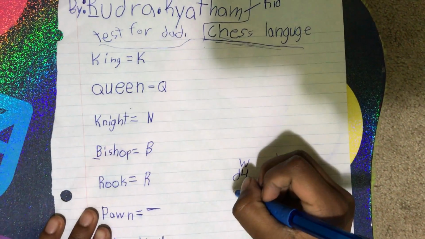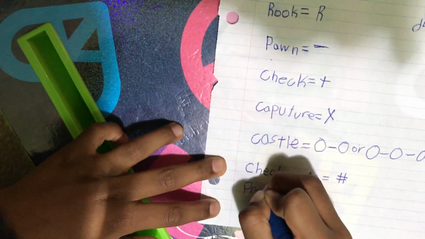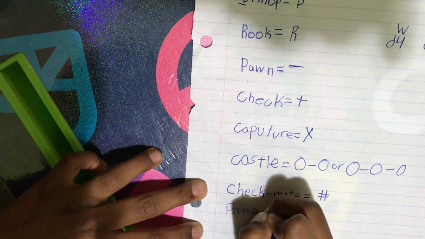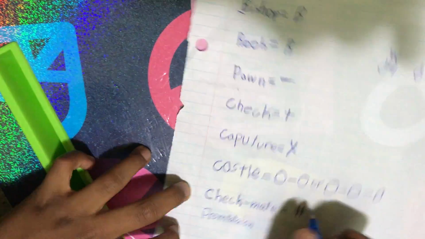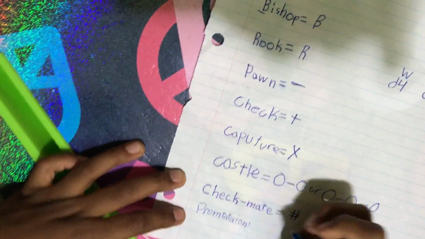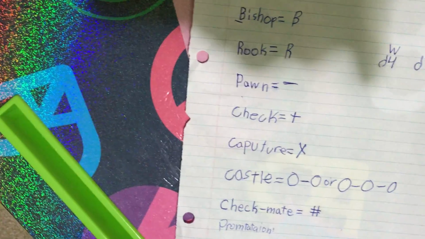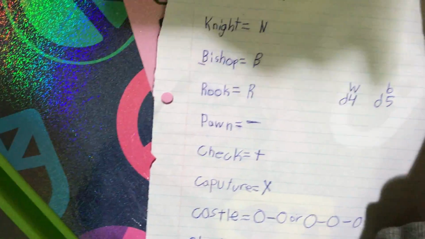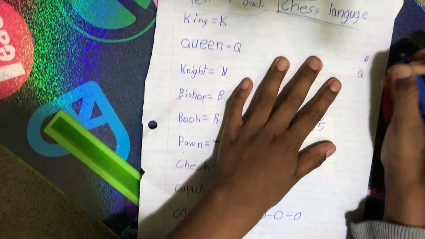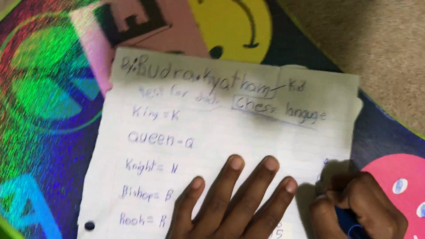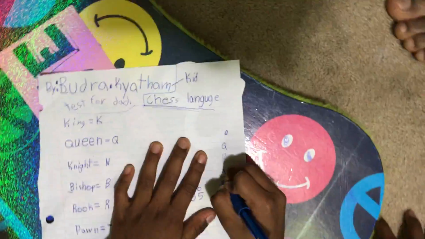Oh, and by the way, there's a secret move for promotion. So for promotion, if you take a pawn into the end of the board, you can evolve it into a queen, a rook, a knight, or a bishop.